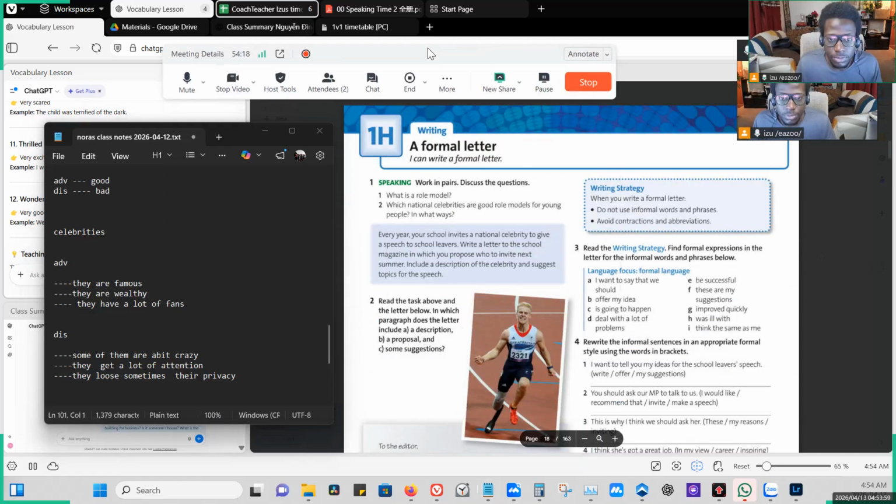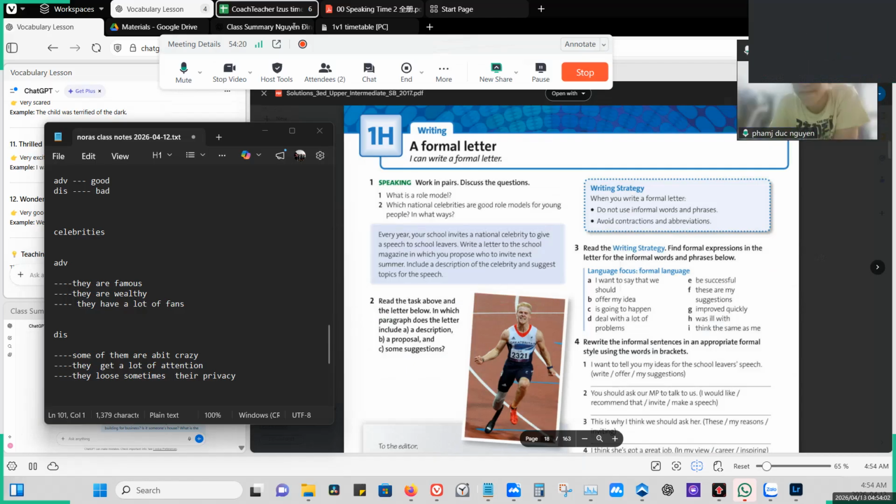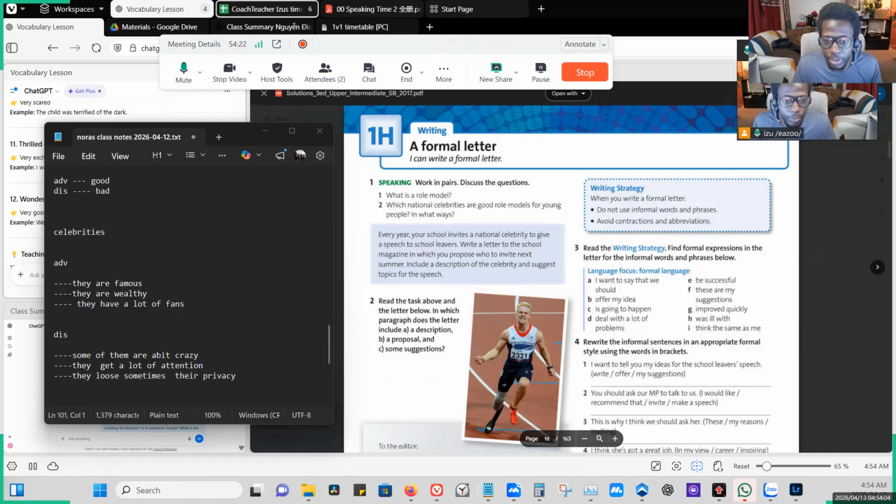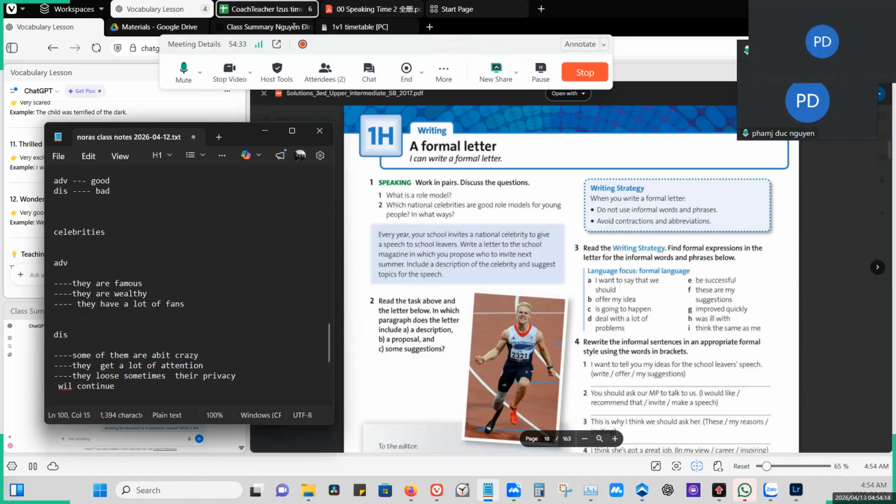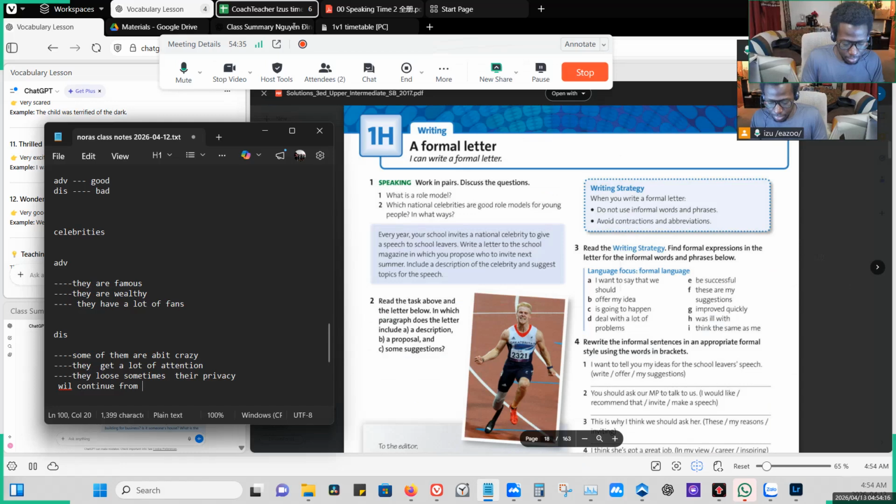Next time we will do 1H, right? Yes, we can just continue from 1H. Page 18. Okay, I remember it now. So page 18. Yes.